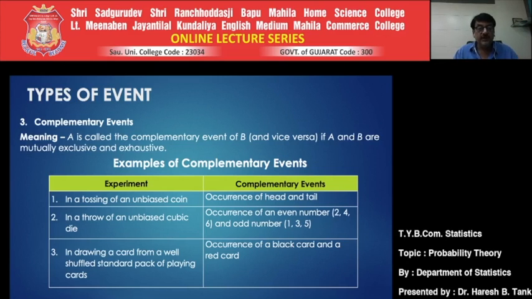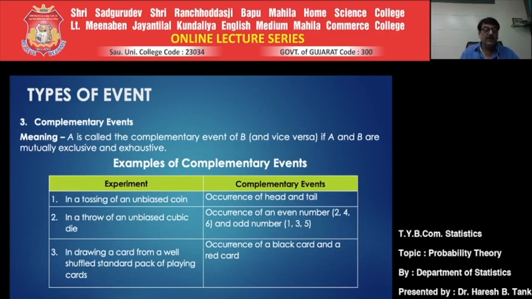In a tossing of an unbiased coin, occurrence of head and tail are complementary. Naturally, while tossing a coin, if you get a head, you are discarding possibility of getting tail. And there are only two possibilities while tossing a coin, they are head and tail. So both the things, mutual exclusiveness and exhaustiveness, are being taken care of. That is why they are called complementary events.